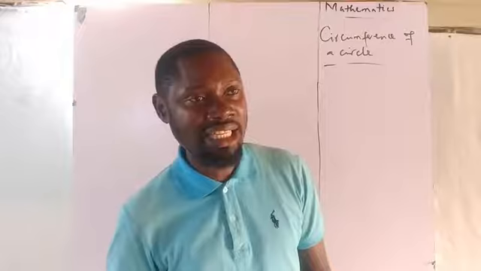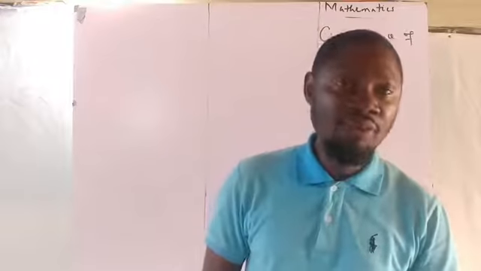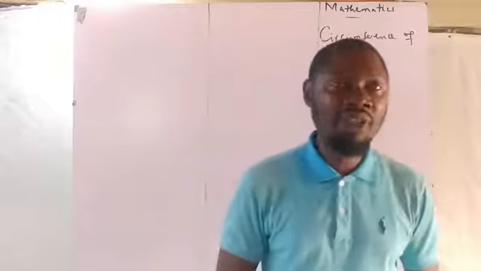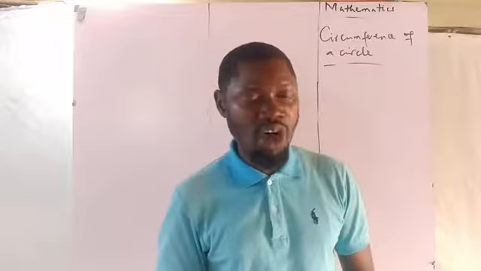From his calculation, the circumference of the earth is 40,008 kilometers. Now, the radius of the earth by approximation is 6,371 kilometers.